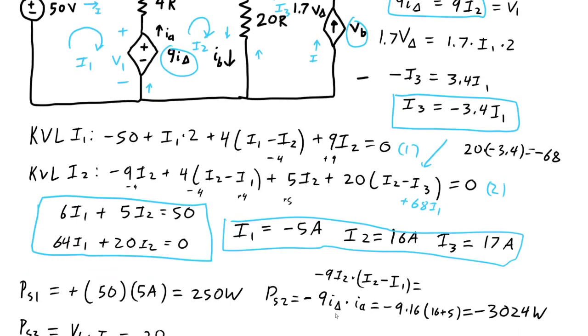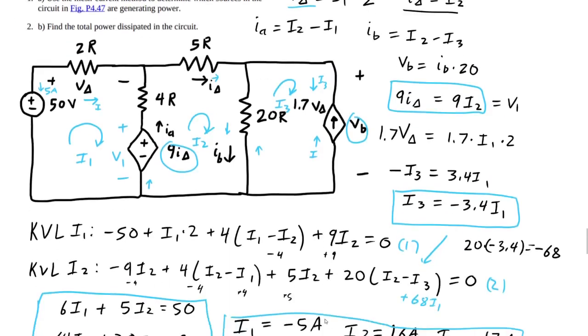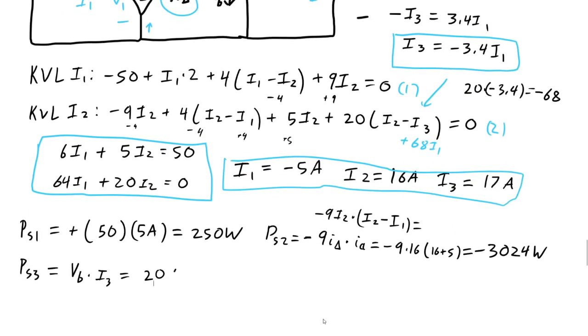And IB is I2 minus I3, so I2 minus I3 times I3. So that's minus 20, because this is 16 minus 17 times 17. So 2 times 17 is 34, times 10 is minus 340 watts.